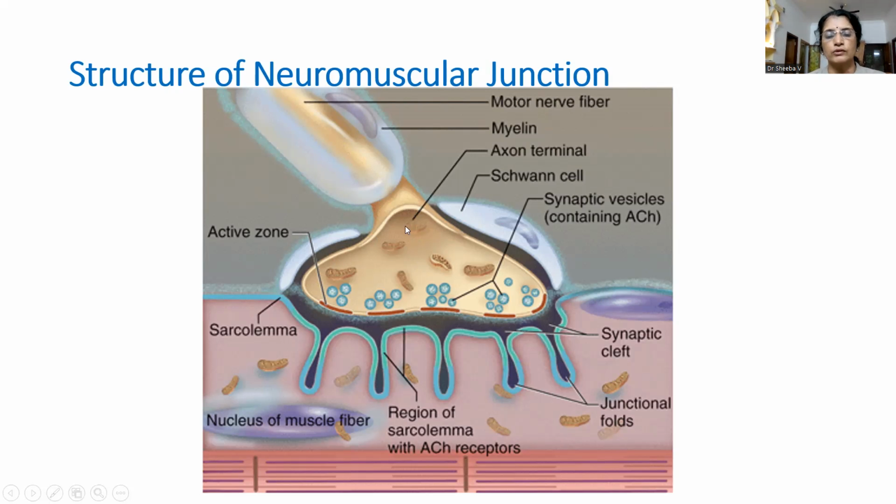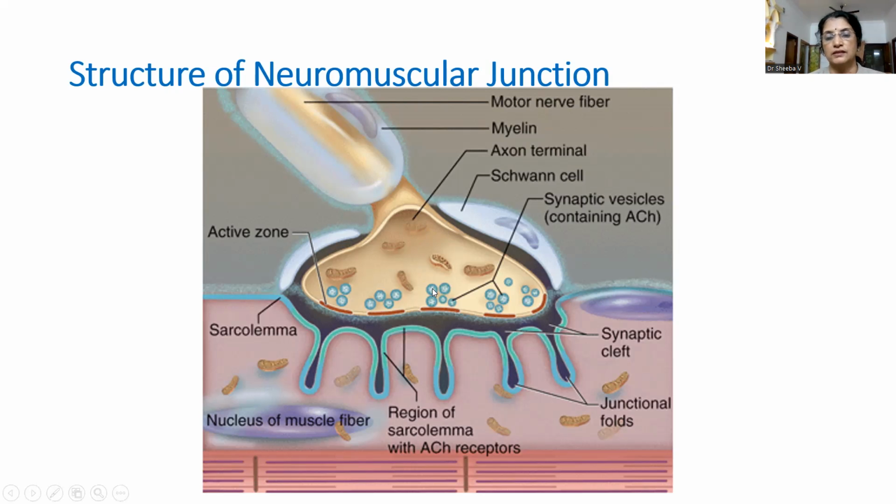At the terminal of the motor neuron, you can see the mitochondria. These mitochondria provide the energy for the neuromuscular transmission. And here you can see the synaptic vesicles. This blue colored structure is the synaptic vesicles.